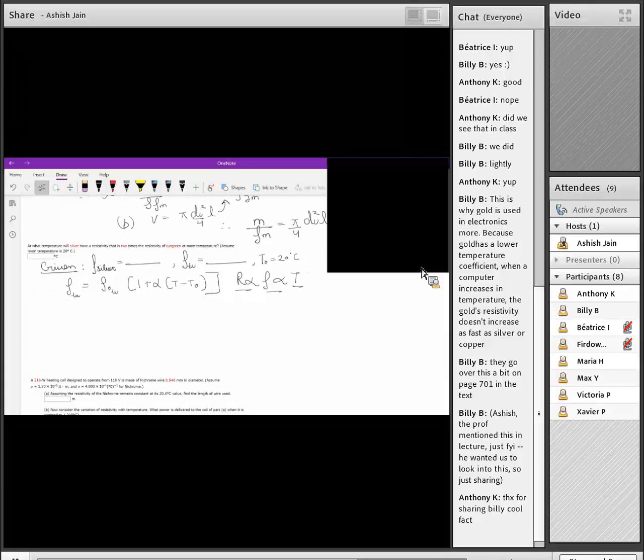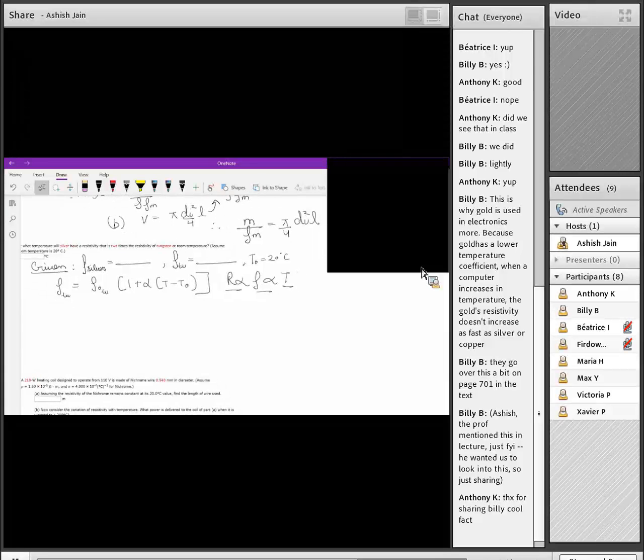And at what temperature will silver have a resistivity that is 2 times the resistivity of tungsten? Okay, so let me write it. Let's say silver.